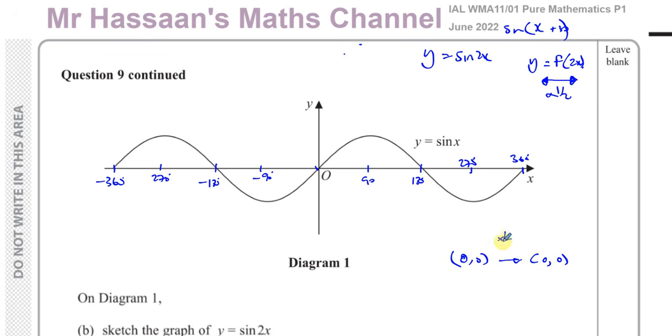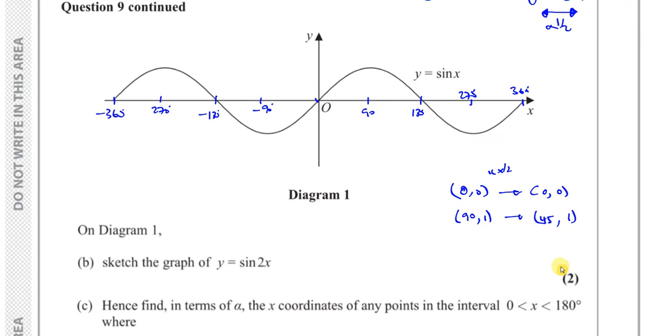It doesn't change because you multiply 0 by a half, it stays as 0. Okay, so the x values we're multiplying by half. Okay, and the point 90, 1. Now the y value stays as it is, but the x value is multiplied by half, so it becomes 45, 1. And 180, 0 becomes 90, 0.